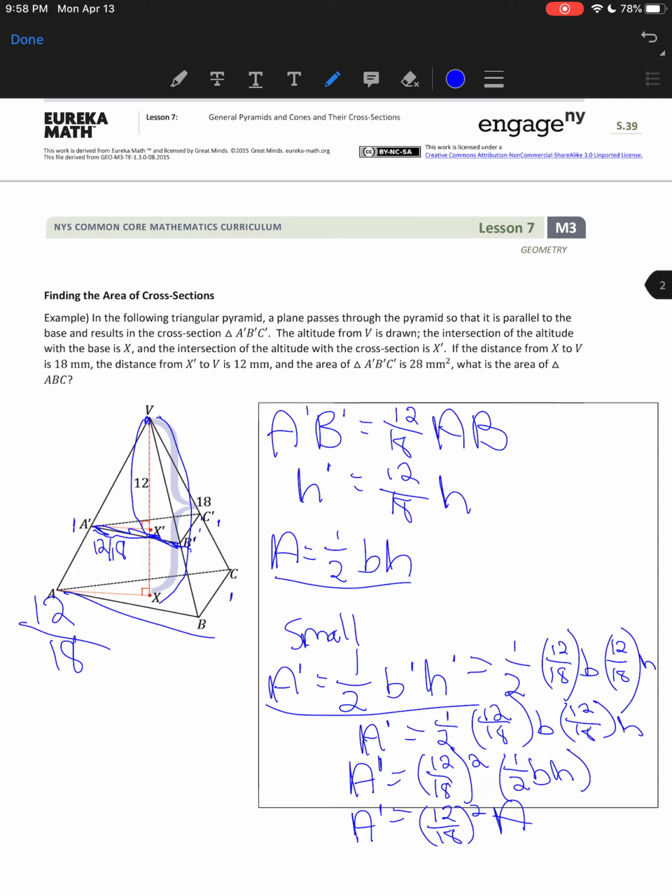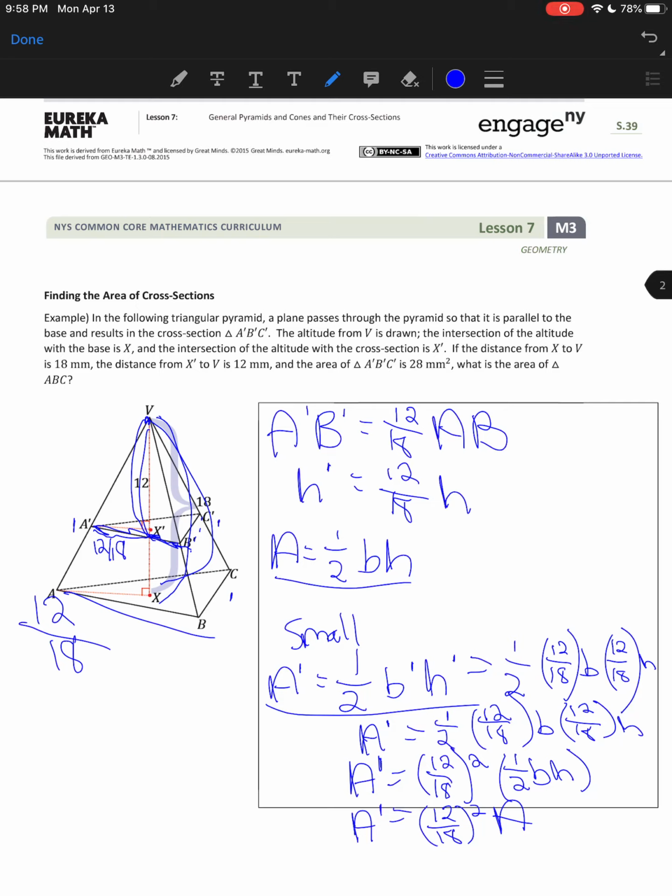So I kind of showed you a proof for this formula we got here. Basically what we did was say the area of the smaller one is equal to 12/18, which was the ratio of the heights.